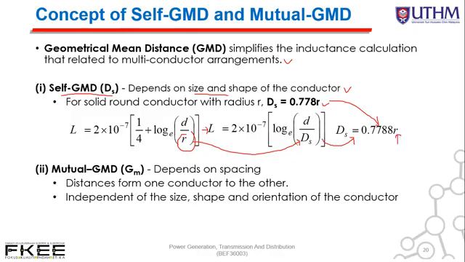Second is the mutual GMD, mutual geometrical mean distance, that depends on the spacing. Spacing is nothing but the distance from one conductor to the other, and it is independent of the size, shape, and rotation of the conductor.